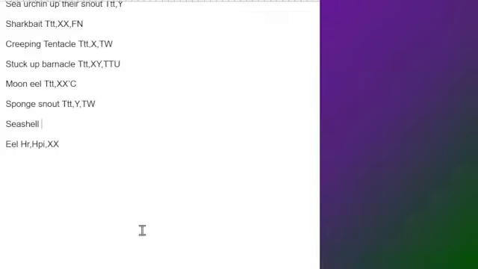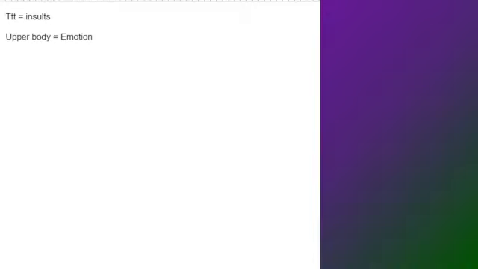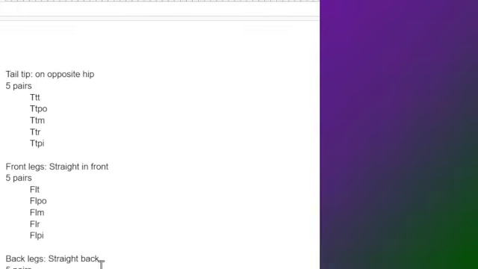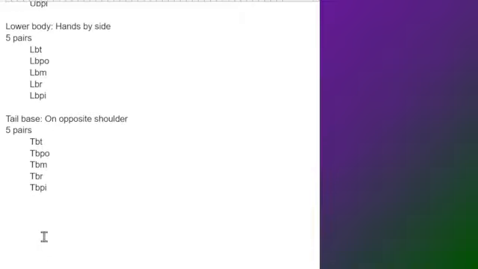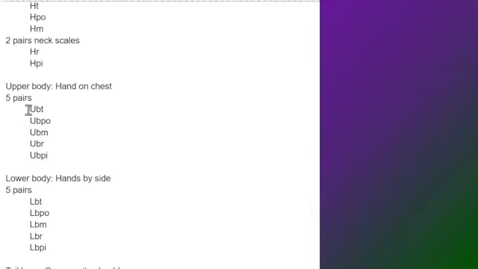The whole upper body is just. I'm just gonna. Here's my upper body. Steal this and then format it better.